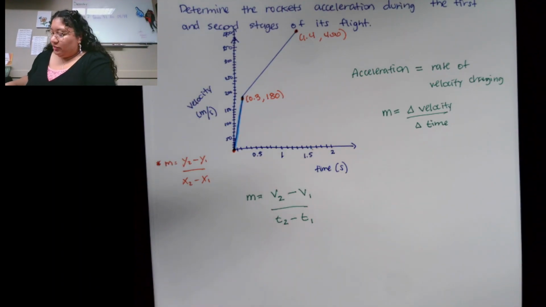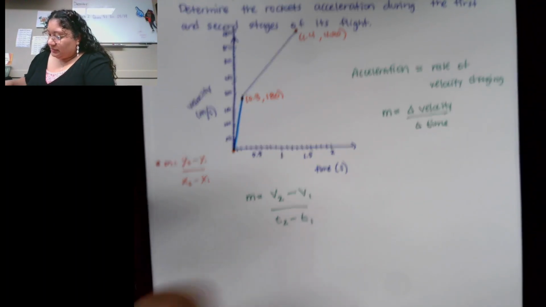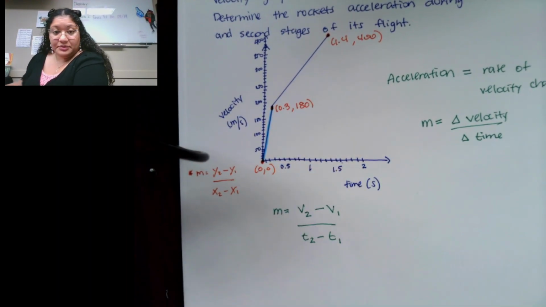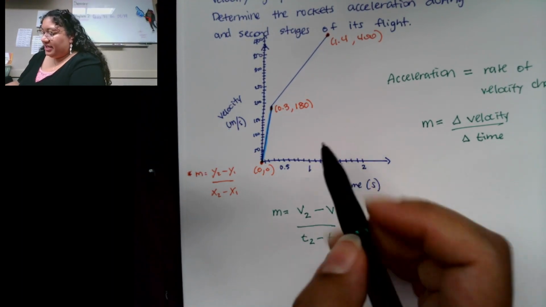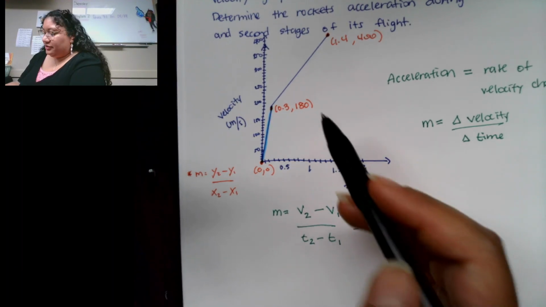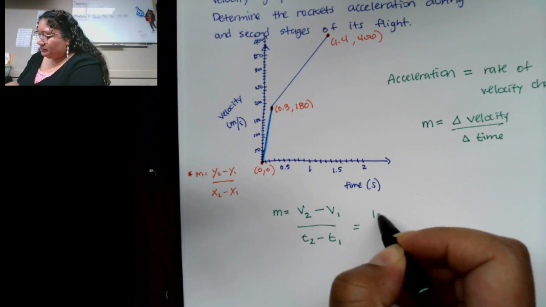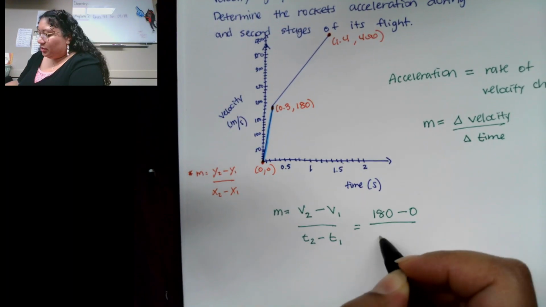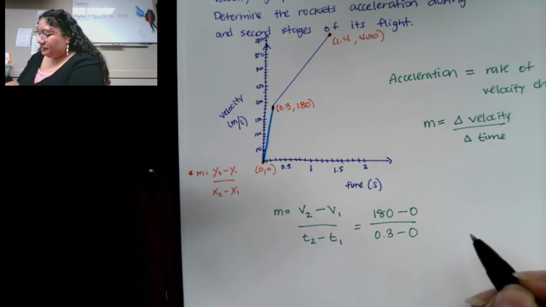Okay, I said earlier that this one over here is 0, 0. Okay, so v2 is 180 minus 0 over 0.3 minus 0.